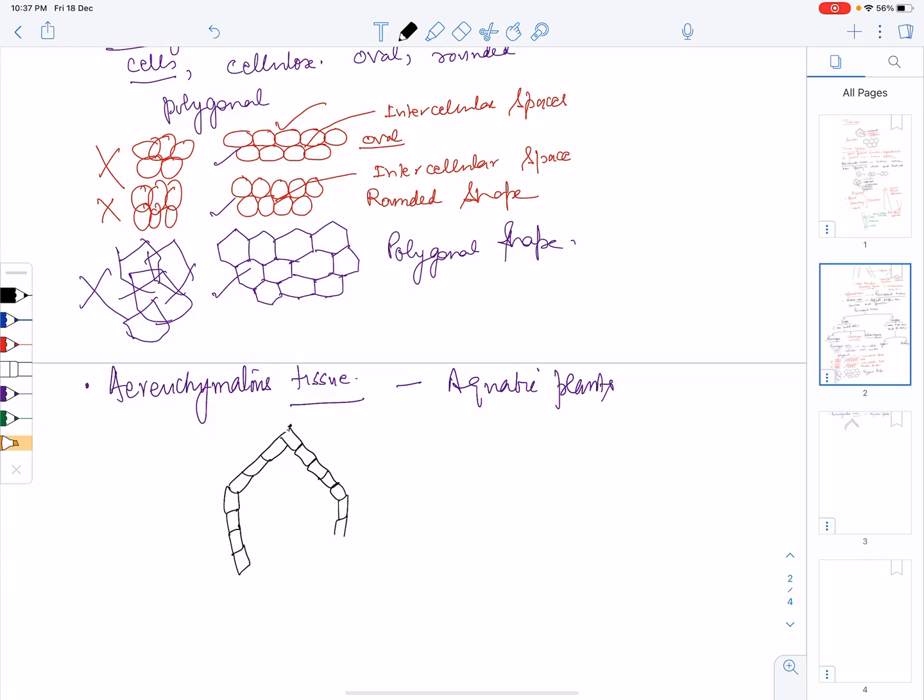This is the parenchyma tissue, which is also enclosing a large number of air spaces. Parenchyma cells help the aquatic plant by providing buoyancy. If the plants are found in water and are submerged in water, this will make the plants light.